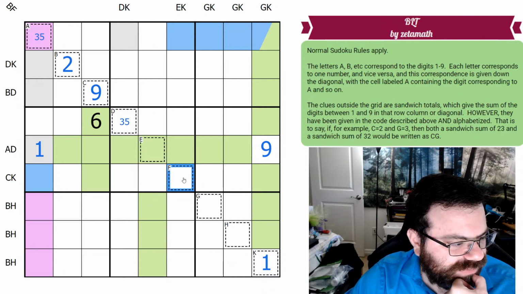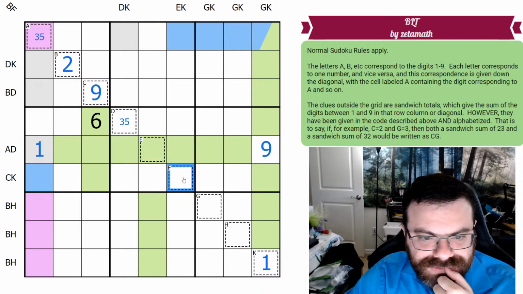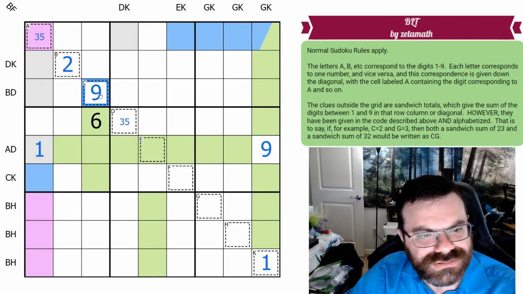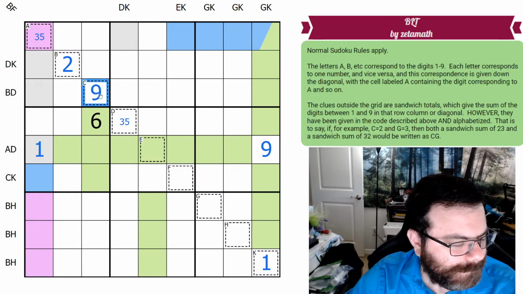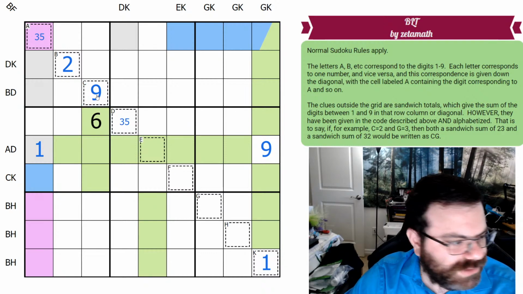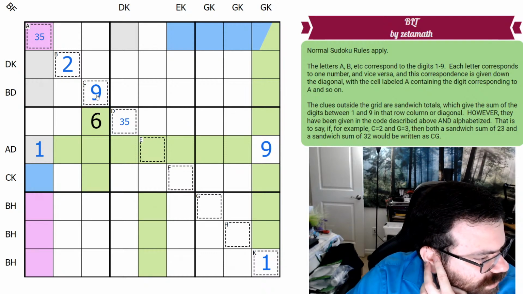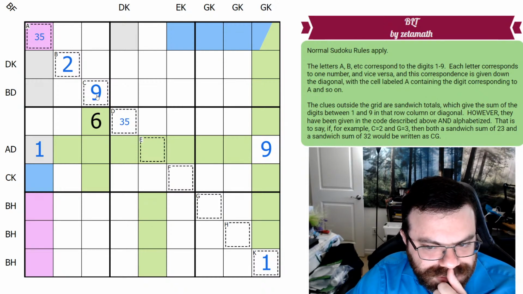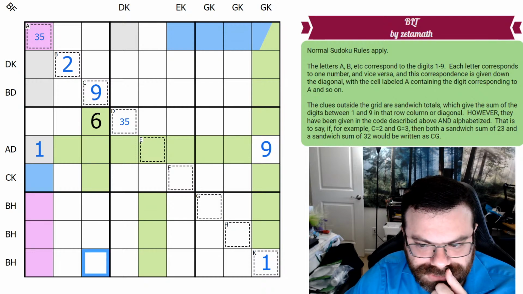That gives us F. Okay, so yeah, wait. You guys got ahead of me. This is green.